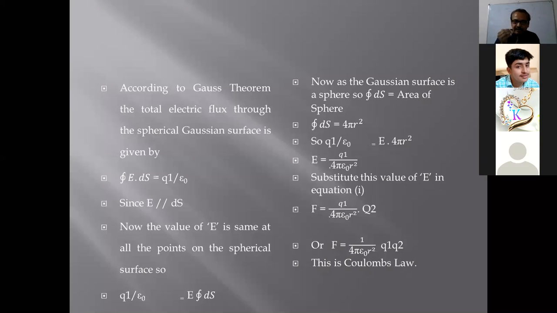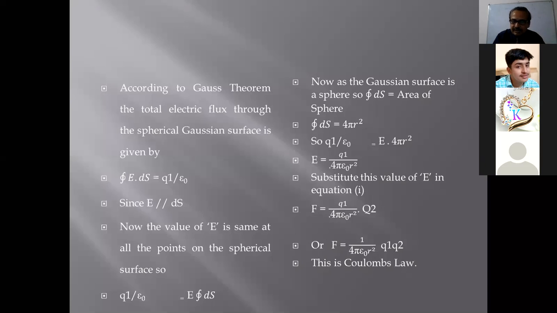So when you put this value, what do we get? 1 over 4 pi epsilon naught r square into Q1 Q2. And this proves Coulomb's law.